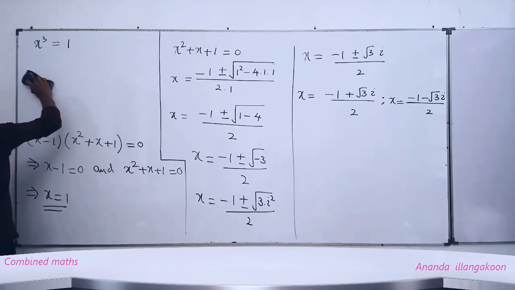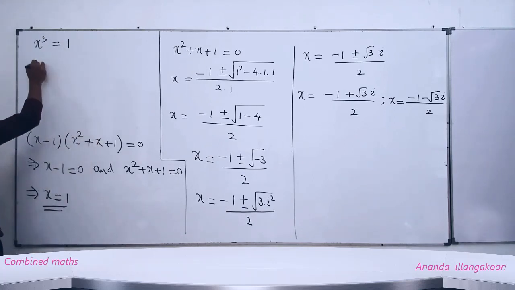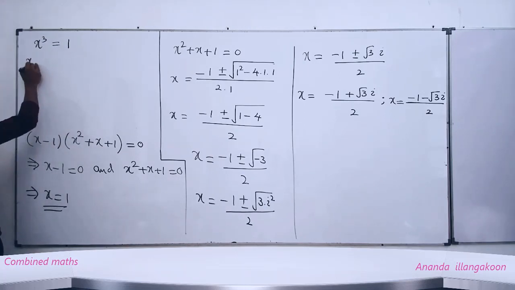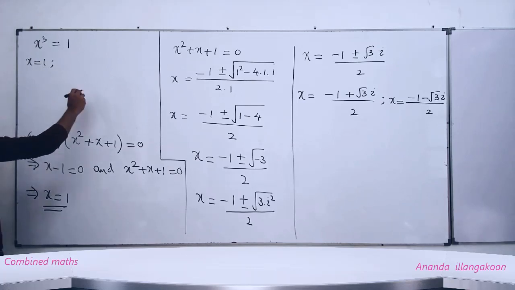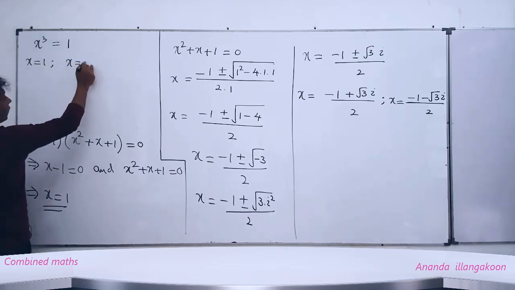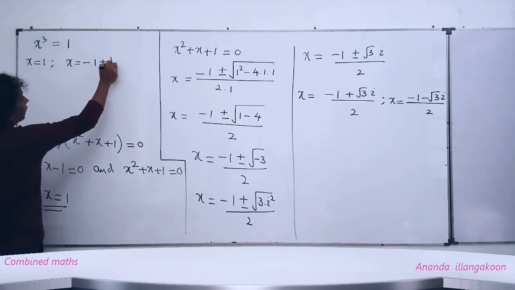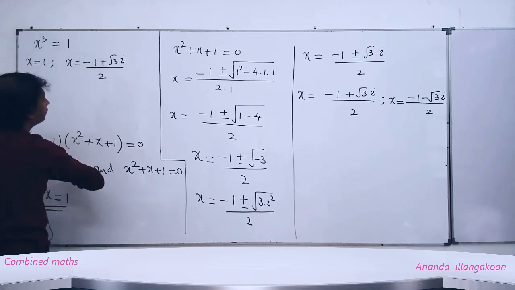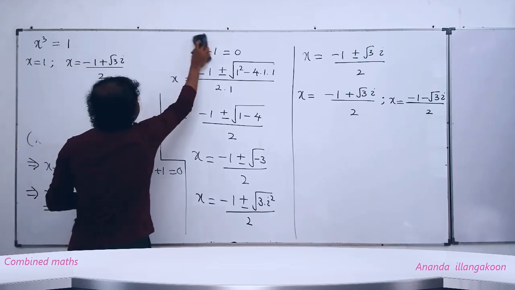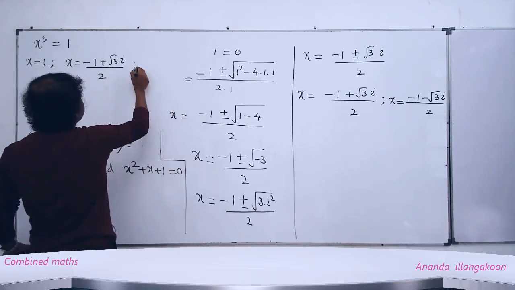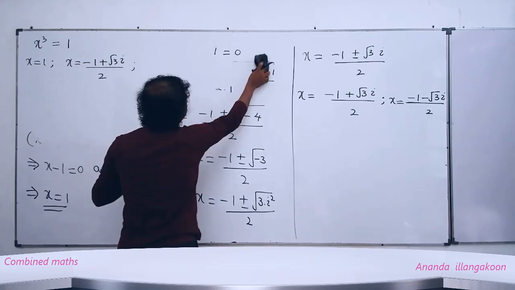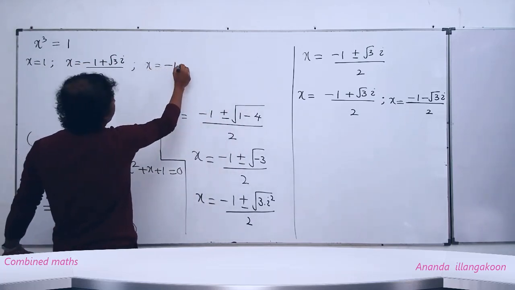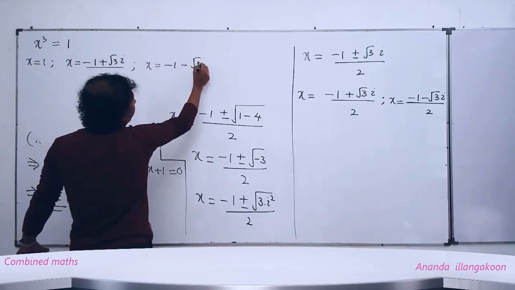Okay, now x equals 1. x equals -1 plus root 3i by 2. The other one is, people, x equals -1 minus root 3i by 2.